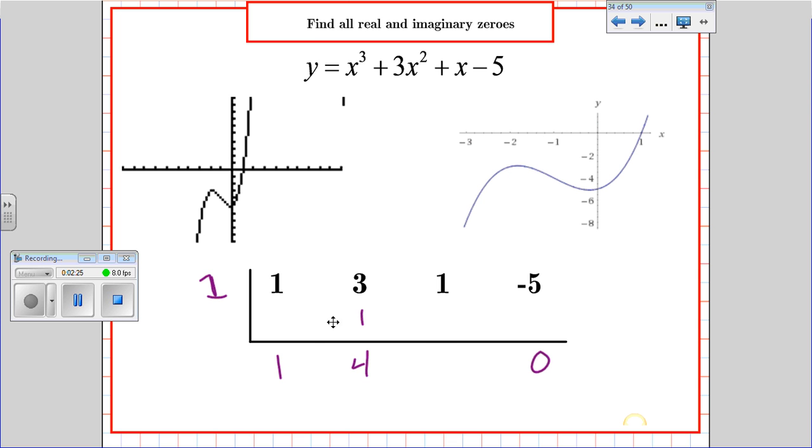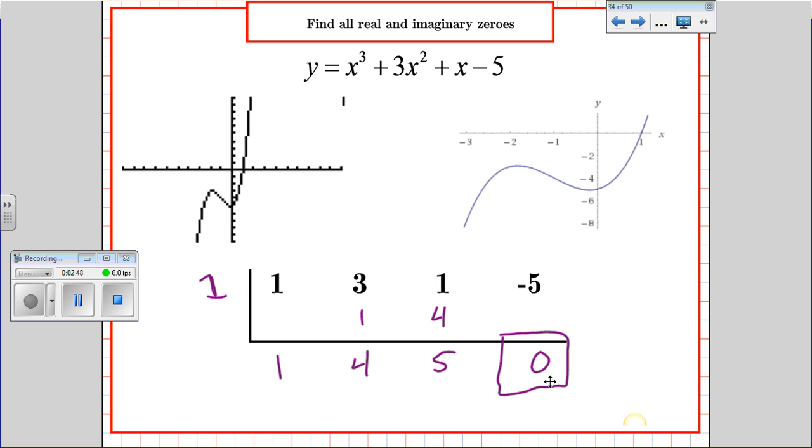So 4 times 1 is 4, and I get 5. Now, you're comfortable with why this is the remainder, or why that's the value when you plug in x equals 1, you get y equals 0.